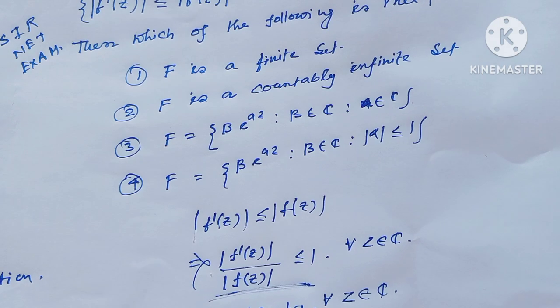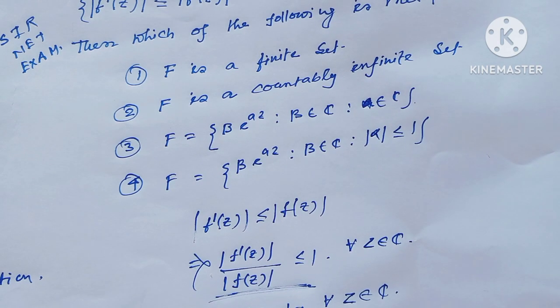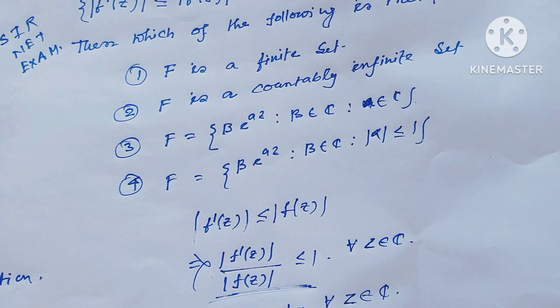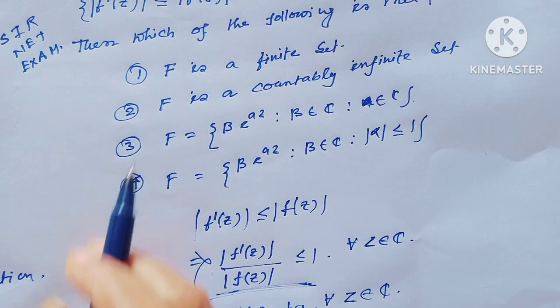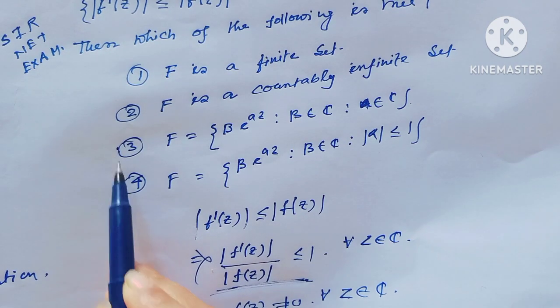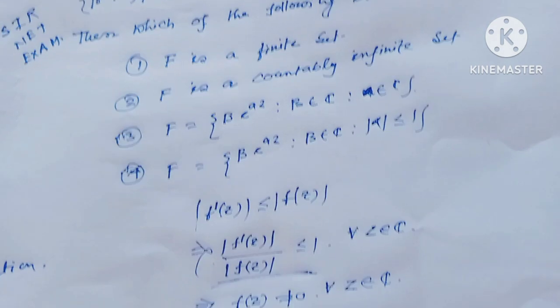Now notice the options. Option 3 says f = beta e^(az), where beta belongs to the complex numbers and a belongs to the complex numbers. And option 4 says f = beta e^(az), where beta belongs to the complex numbers and the absolute value of a is at most 1. Which of these is the correct option?